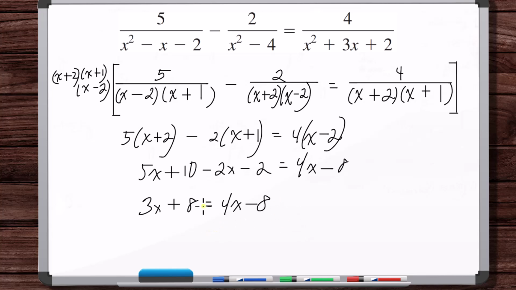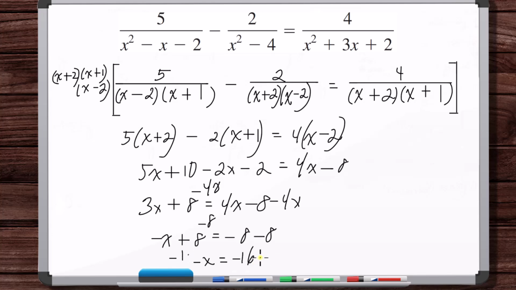Now let's subtract 4x from both sides, we get minus x plus 8 is equal to minus 8. Now if we subtract 8 from both sides, okay, now multiply both sides by minus 1, you get x is equal to 16. And this is not minus 2, it's not 2, it's not minus 1.